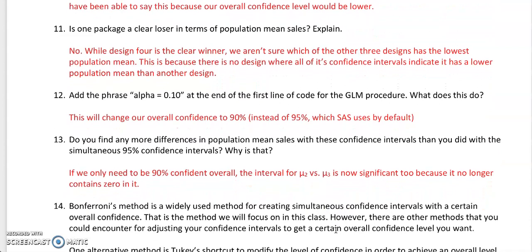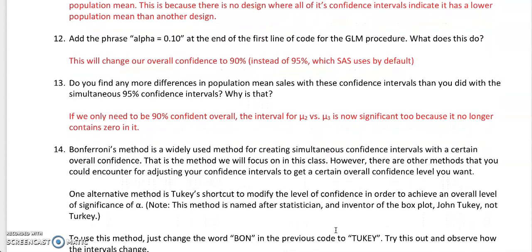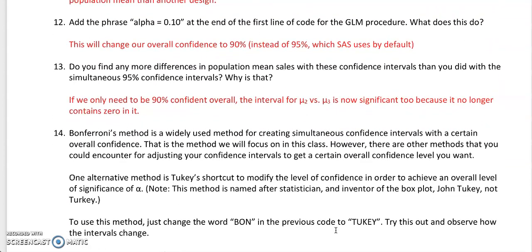And then I mentioned there were actually two things here. The other thing that I just want to point out, Bonferroni's method is one way for giving us this overall confidence or creating what we call simultaneous confidence intervals. That's the method we're going to use in this class. It's a very common method that a lot of other disciplines and things use.